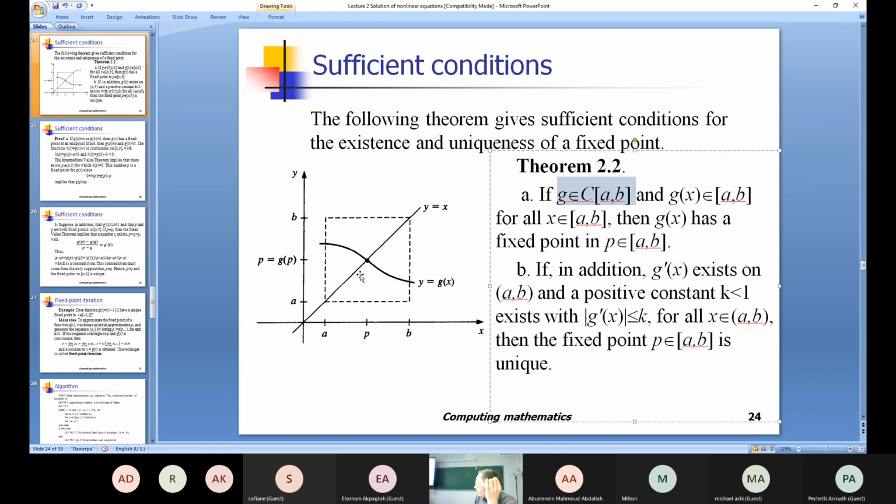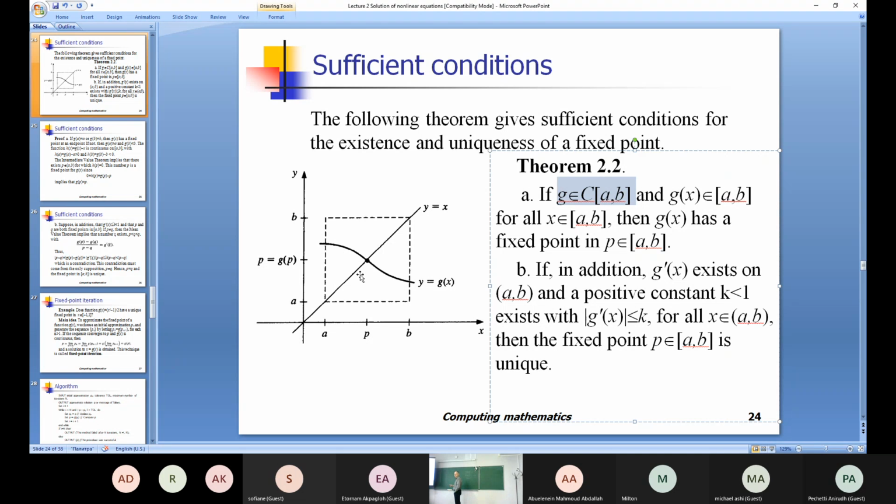And the statement B, or yeah, before we consider this statement B, let me briefly draw a small picture. Suppose that this is the square, this is y equals x, a and b, but the function can look like a parabola here, something like this, right?